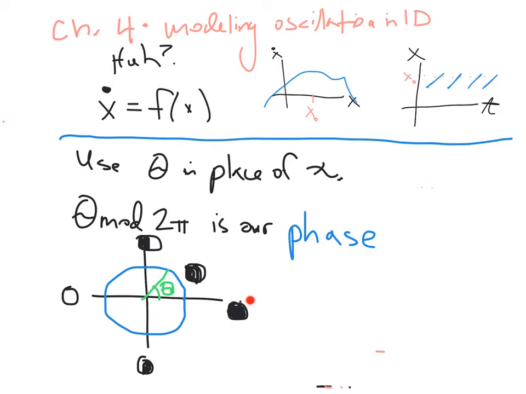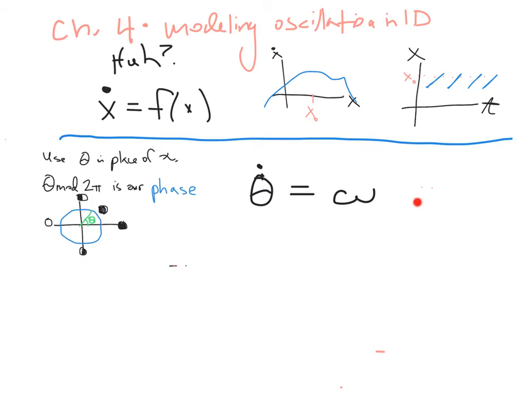So I'm going to think of an angle of 0 as corresponding to a new moon, and an angle of pi over 2 as corresponding to a waxing half moon, so like we're seeing more and more of the moon, an angle of pi as corresponding to a full moon, an angle of 3 pi over 2 corresponding to a waning half moon, so we're in the process of shrinking at the moment, and then getting to 2 pi, which is the same as returning to 0, we're back to the new moon. So in this sense, our number theta is telling us where we are in this lunar cycle.